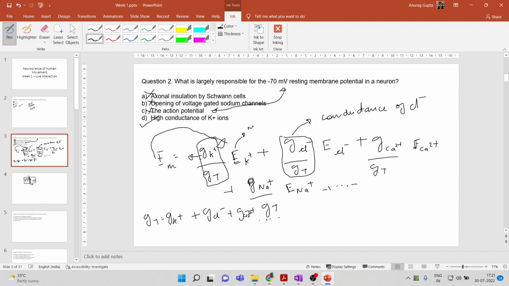This is why high conduction of K plus ions is responsible for the resting membrane potential being minus 70 millivolts. If, for example, the conduction of sodium ions was high, then the resting membrane potential would be closer to the Nernst potential of sodium ions. So this is the reasoning behind this.